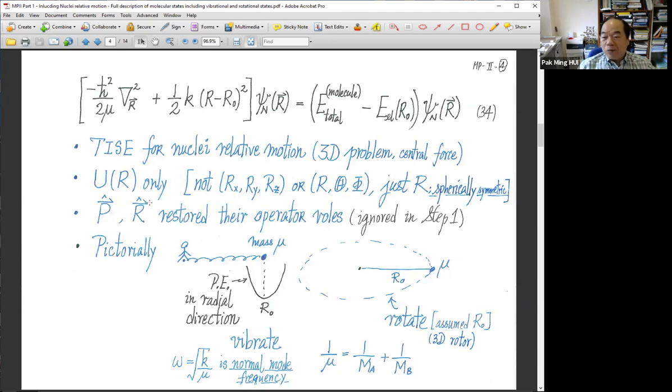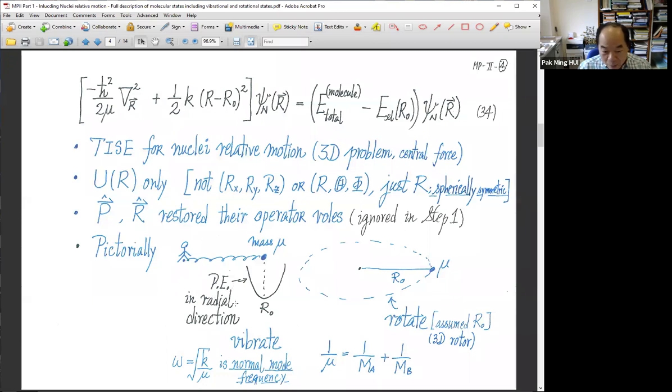Therefore, you look up what you learned last term about the central force problem or spherically symmetrical potential energy problem. Okay? They mean the same thing. Immediately, you know the answer. Then, in a pictorial way, the answer amounts to the following coupled problems.